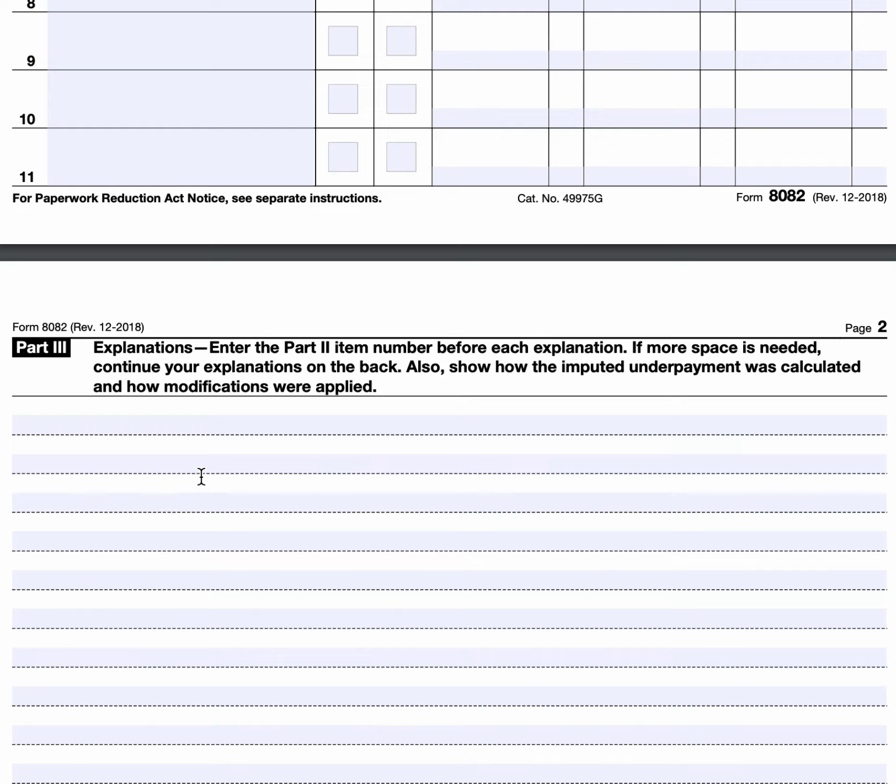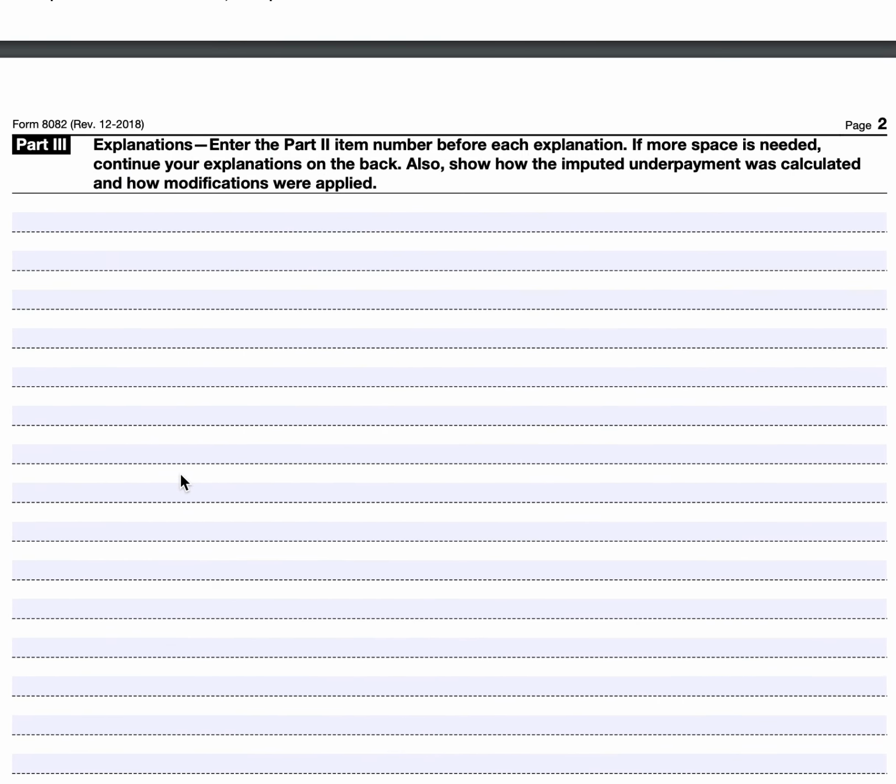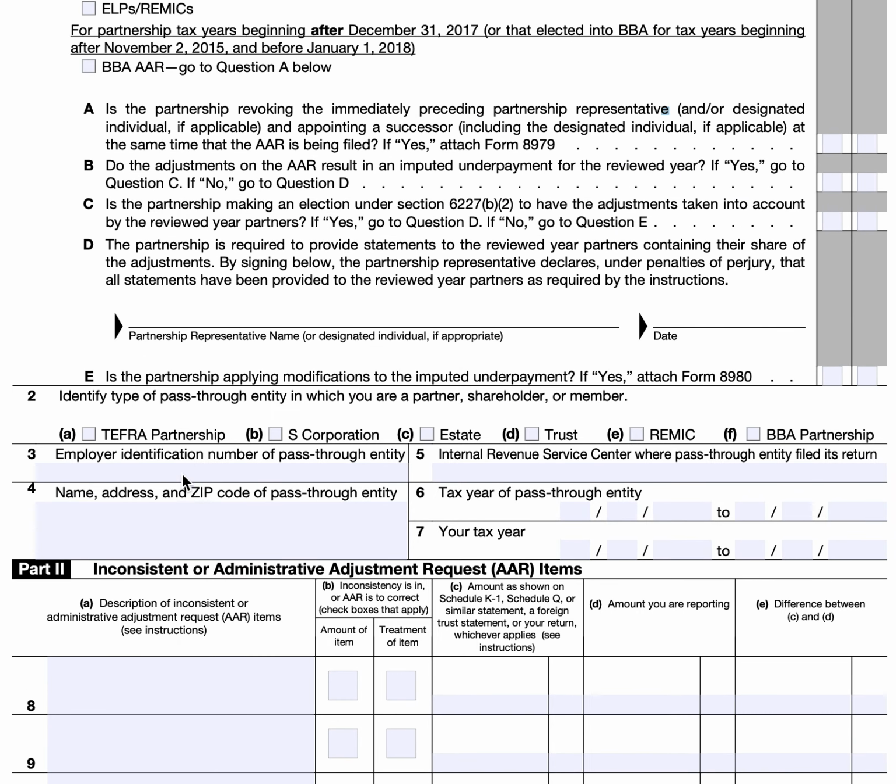If either of those leads to an imputed underpayment, they can discuss what that possible underpayment was, basically saying that this inconsistency directly resulted in an underpayment of tax owed because of a change in tax liability. So we'll cover the first two parts, and part three is for providing that written narrative based on statements and facts known to be true in your case.